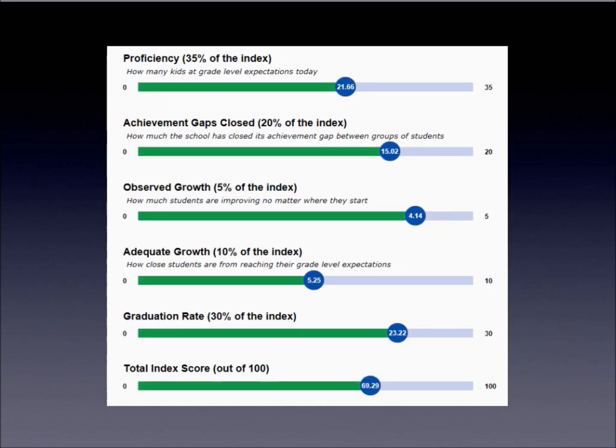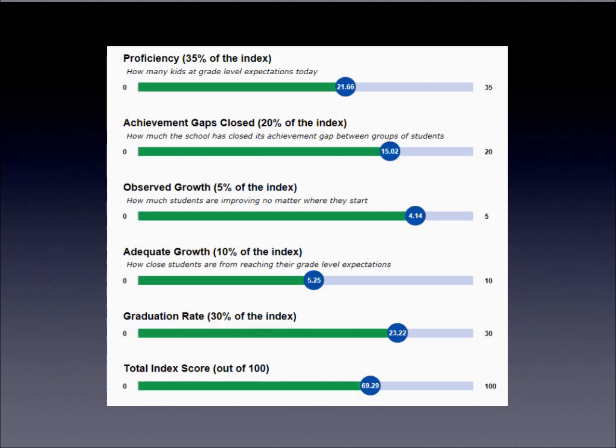Here's an example of the values that have been attached to this model for a high school in Kanawha County. As you can see, 35% of the available points come from whether or not students are proficient, and another 10% come from whether or not students who are nearing proficiency moved closer to it.